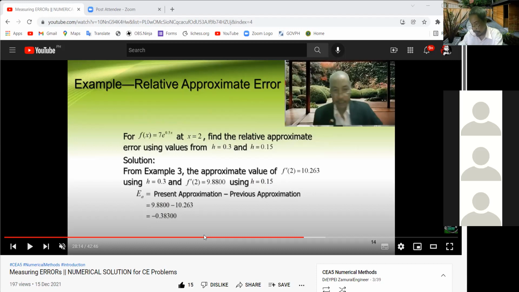Look at my hand. 1, 2, 3, 4, 5. We have 5 significant figures for the relative approximate error. Okay, that is relative approximate error. And this is also usually expressed in percent. If you express in percent, that is negative 3.88.